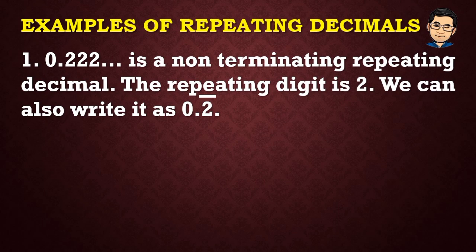Ang tawag po dyan sa bar sa taas is vinculum. So, nilalagyan po natin ng vinculum sign ang isang decimal kapag nagkakaroon ng repeating digit or repeating digits. So, hindi lang po kasi isa ang pwedeng mag-repeat na digit yan. Pwedeng 2, 3, 4 o depende dun sa given.